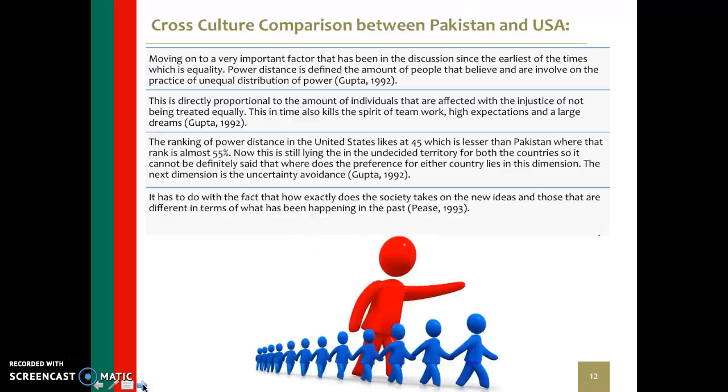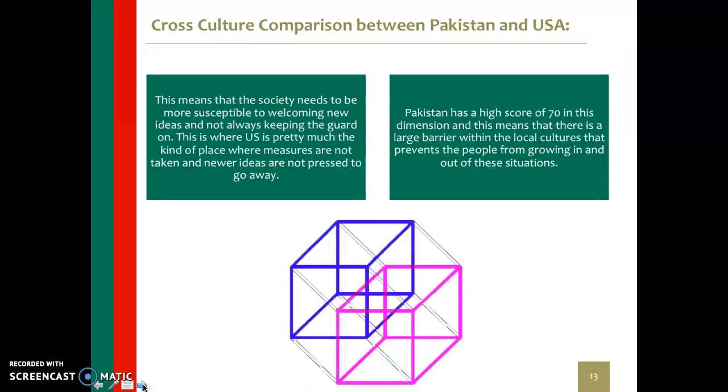In trying to wrap up, power distance, the United States is at 45, whereas Pakistan is almost 55. That's fairly similar. One of those things is, what does society think about new ideas and those that are different from what's been happening in the past, showing that there is still a resistance to change.